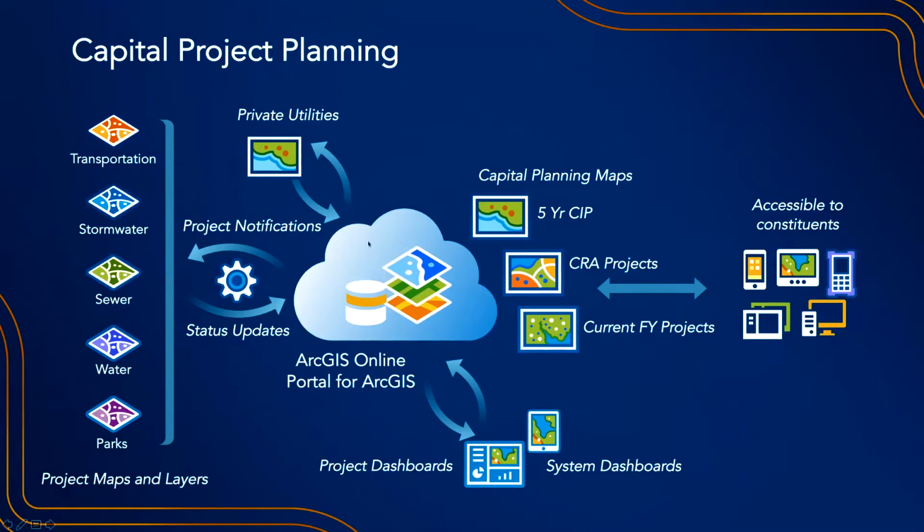The other thing you'll notice with the solutions we'll show you today is that there also is a role for third-party stakeholders, and I use that term to generically refer to private utilities in the community, other public agencies like maybe a state DOT or a school district within your community that's doing improvements, or maybe you're a county and you want to share these solutions with cities in your community.